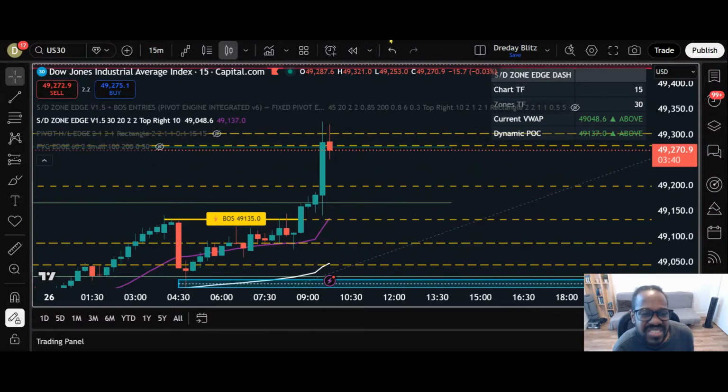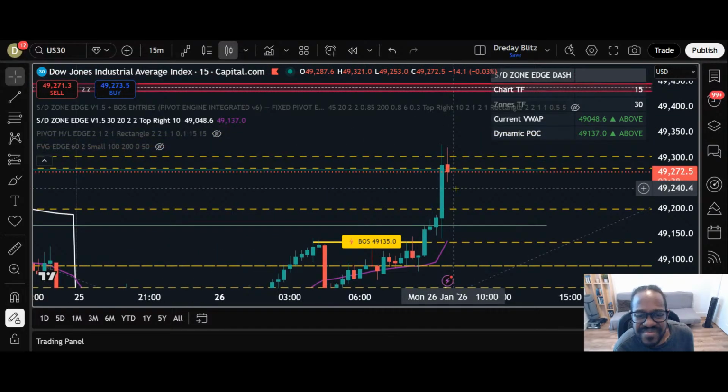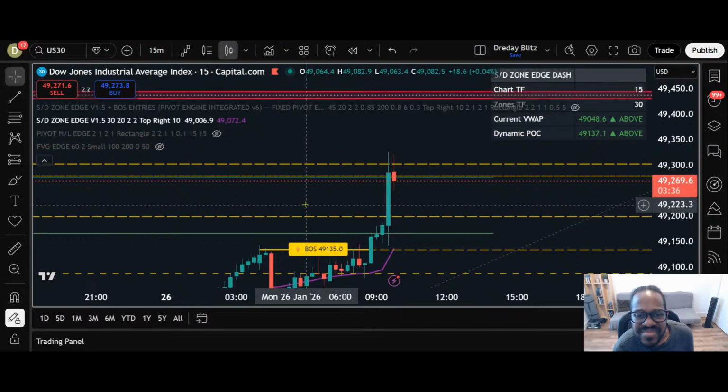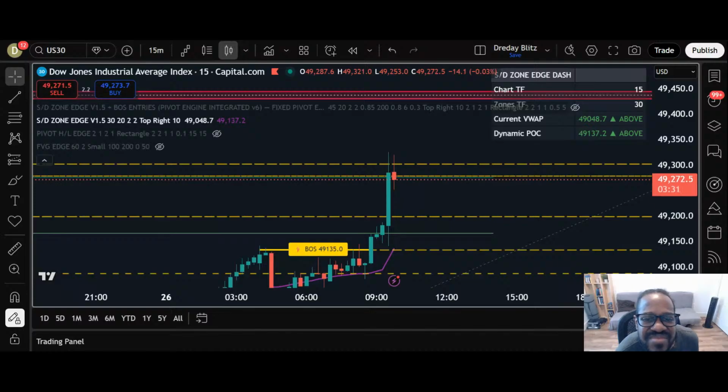So currently in the sell here. Just risking about what, $200, and I'm going to make sure that I put my stop loss higher than those wicks just to make sure.